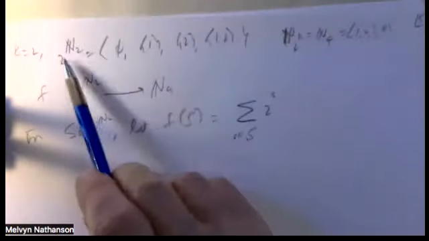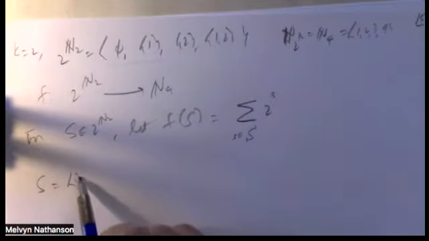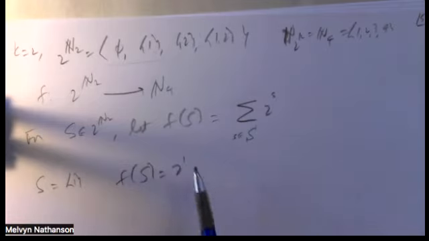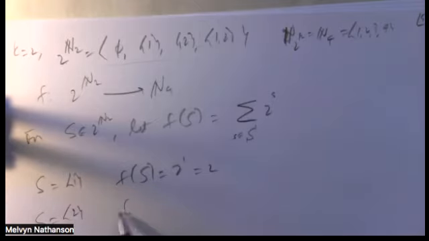So what does that mean? In this power set, I said I had 4 different subsets. So for example, if S is just the set containing the number 1, f of S is 2 to the first power, which is 2. If S is just containing 2, f of S is 2 to the 2 power, which is 4.